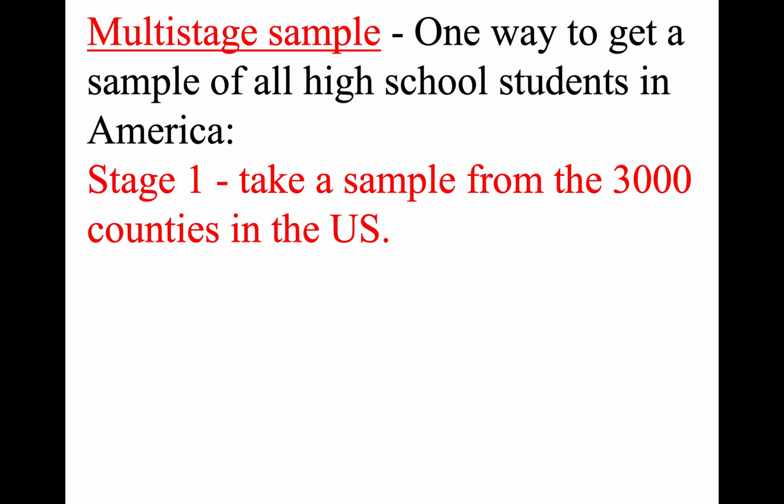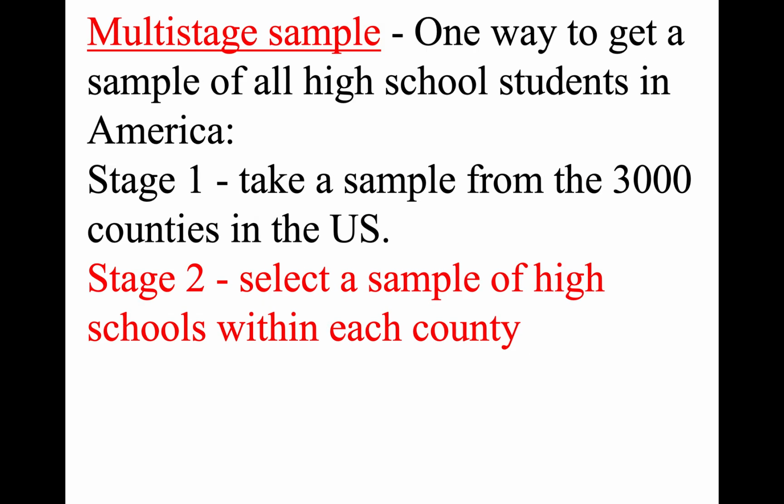So, multi-stage sample. One way to get a sample of all high school students in America is to do this in stages. Stage one might be to take a sample from the 3,000 counties in the United States. So you could do a random sample of all 3,000 counties in the US. Stage two, you select a sample of high schools within each county. So you select a certain number of counties, then you select a sample of high schools within each county.